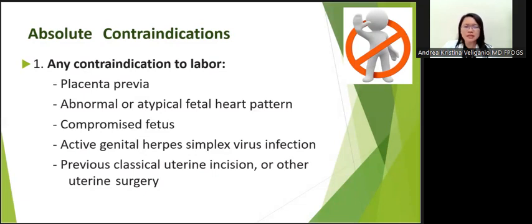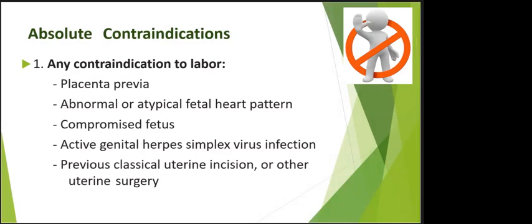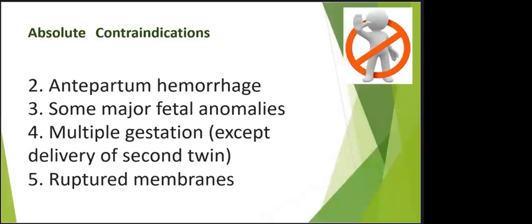A previous classical incision, a myomectomy, a previous uterine surgery, you cannot do external podalic version. And then absolute contraindication could also be hemorrhage, some major fetal anomalies, multiple gestation, or when the membranes are already ruptured.